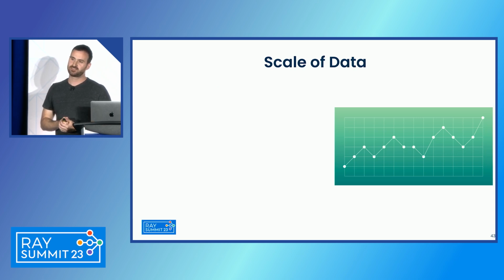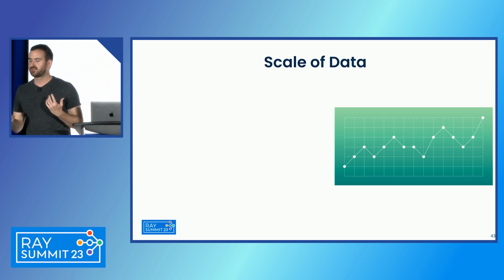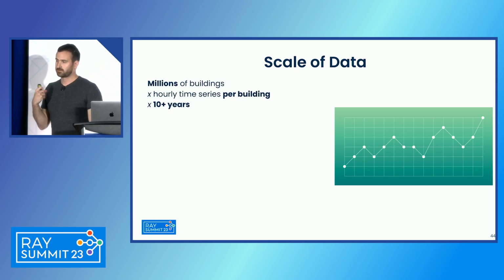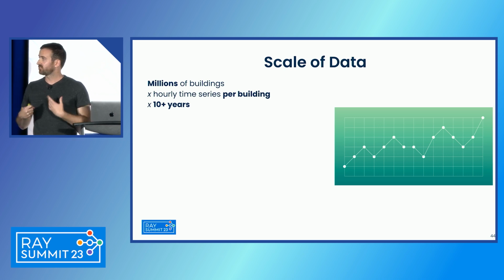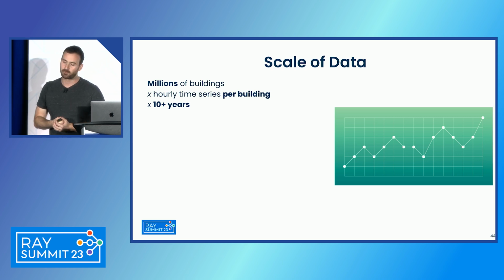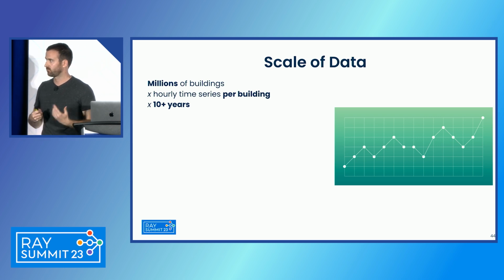And the second challenge is the scale of data. Time series data can get very big, especially when you have geospatial components as well. So for us, in the largest forecasts, we're running predictions over millions of buildings, generating hourly time series data per building over 10 or more years.